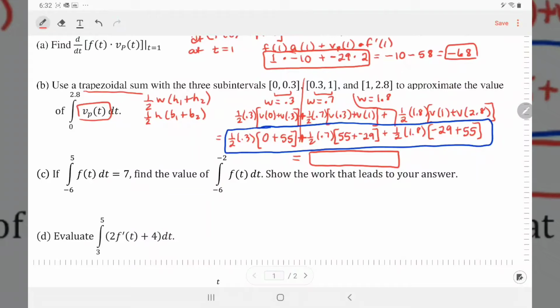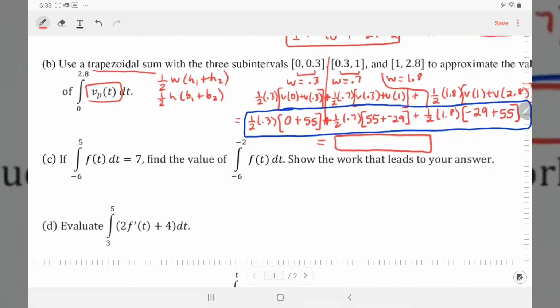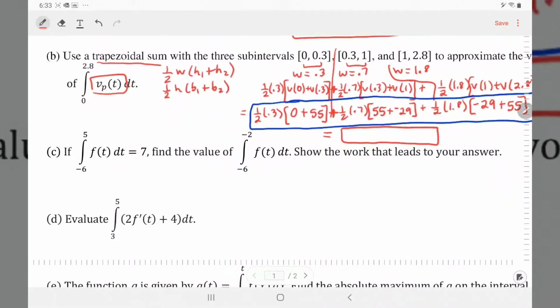Okay, to me this looks like one of those questions where you're adding. So I have -6, -2, and 5. Okay, so then I know that the integral from -6, let me write this bigger so that I can write smaller and you guys can see.